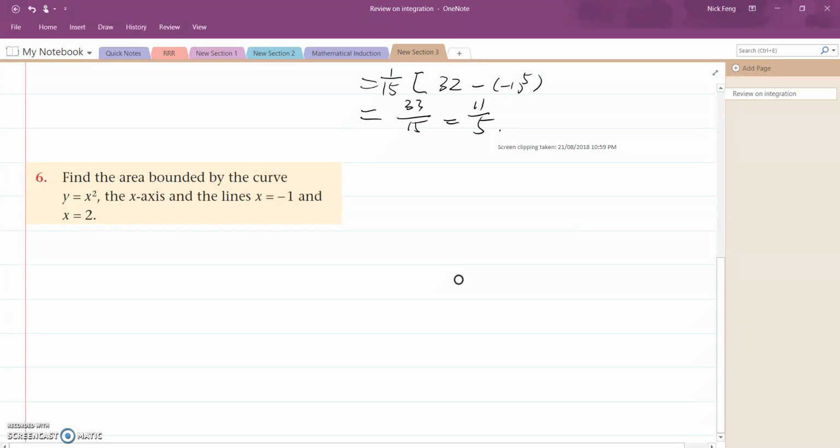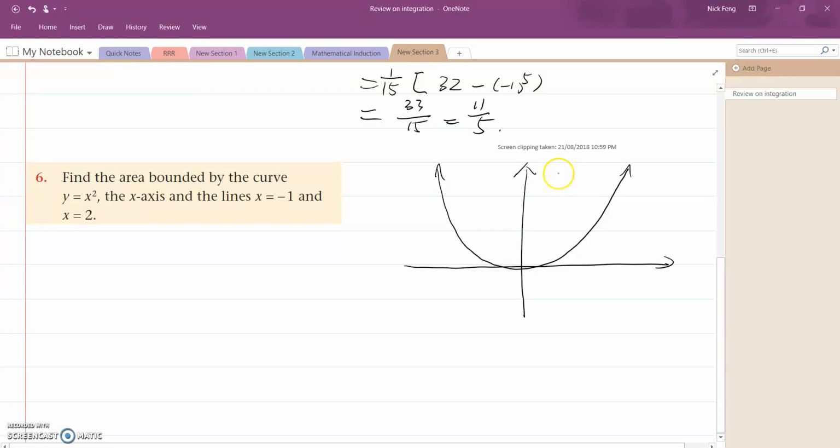First of all, of course, we need to draw that first. Parabola bounded by the curve, the x-axis, and the lines -1 and 2. -1. That means it's this area, everything underneath.